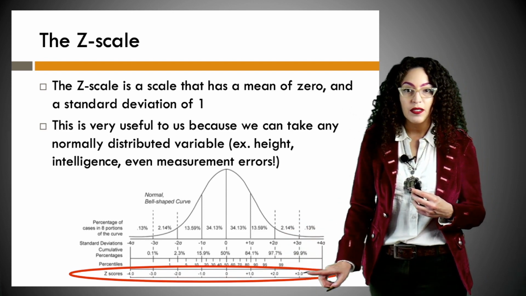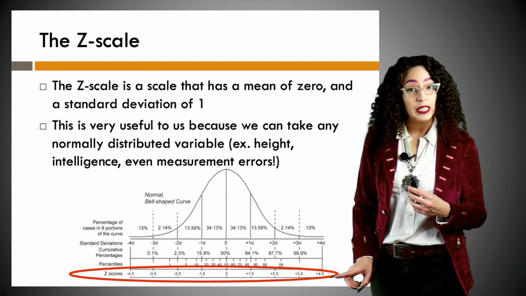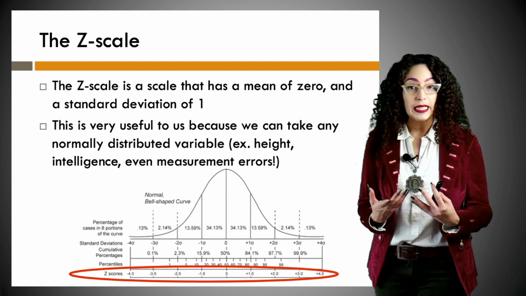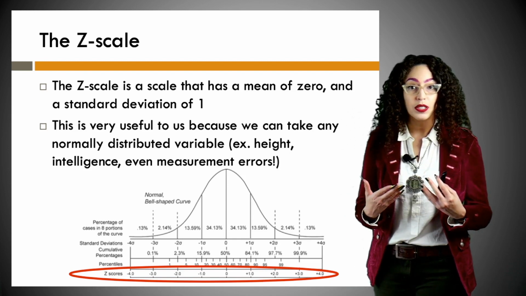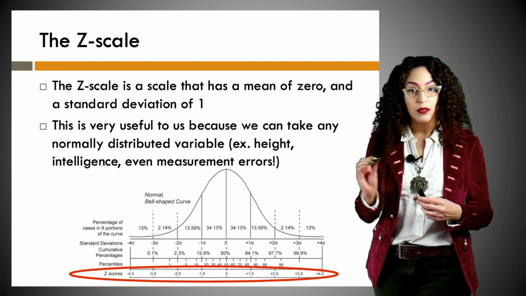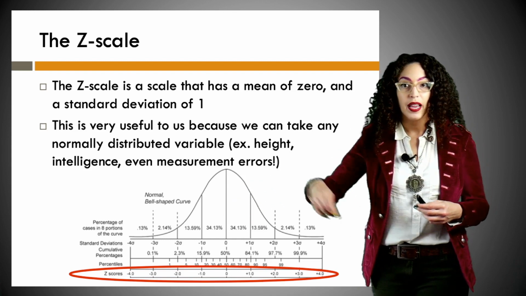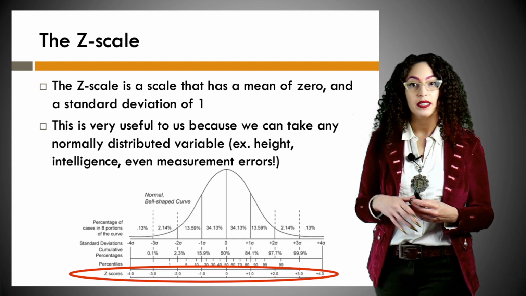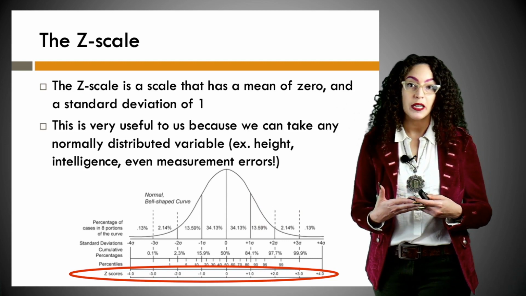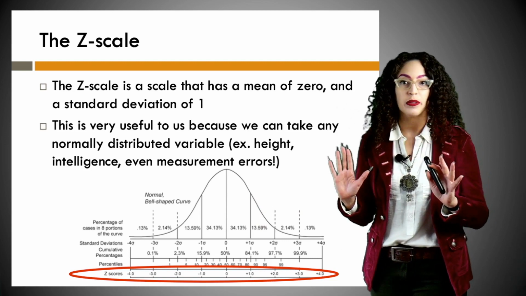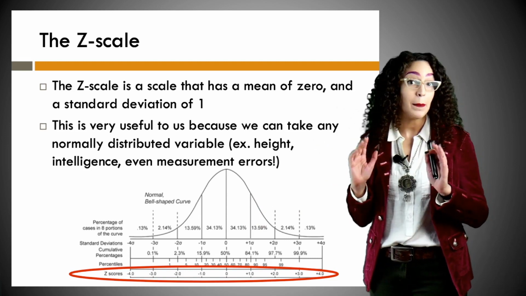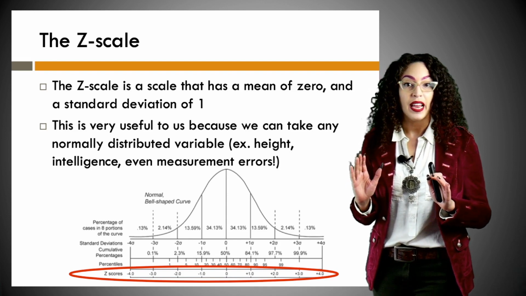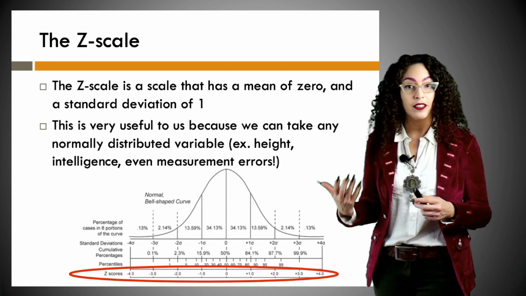If we look down right here, we have z-scores. So the z-scale has a mean of 0, which is right in the middle, and a standard deviation of 1.